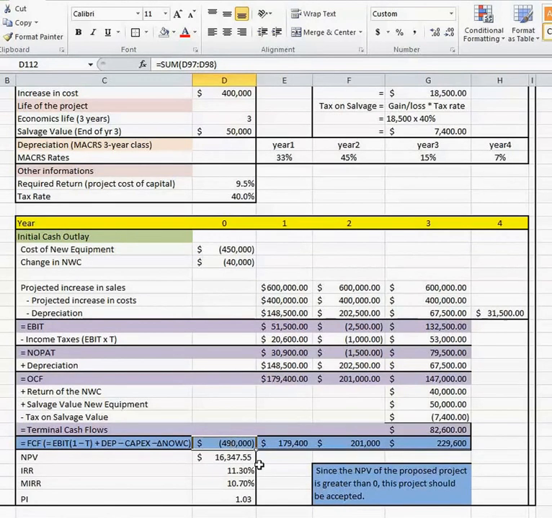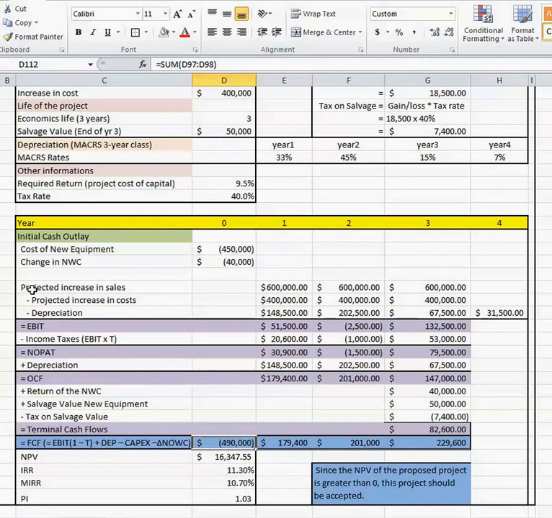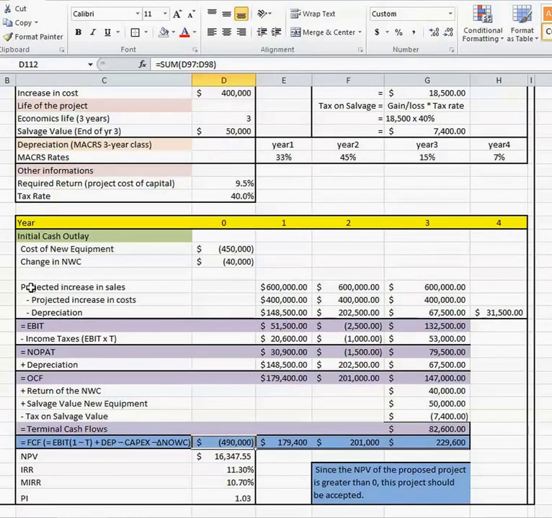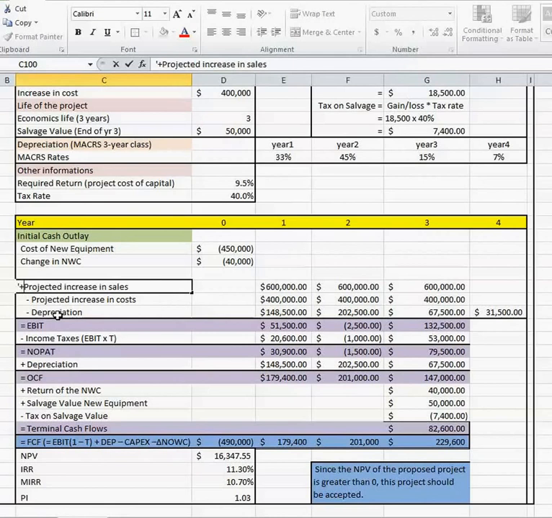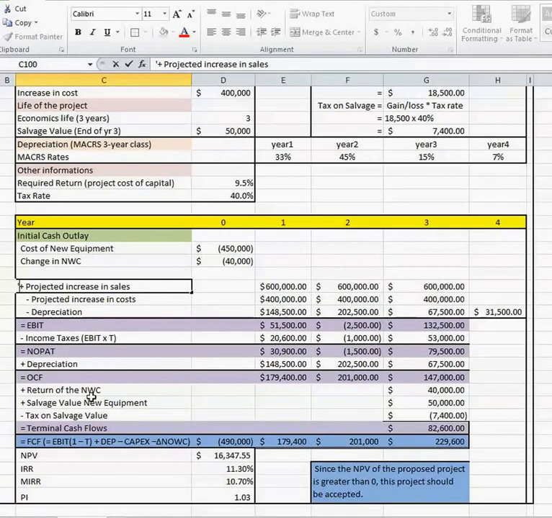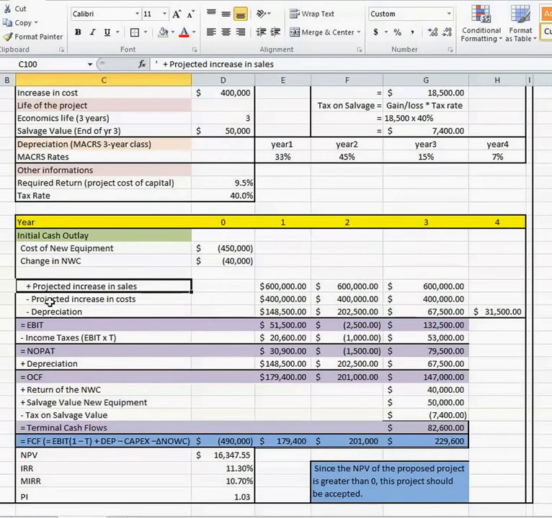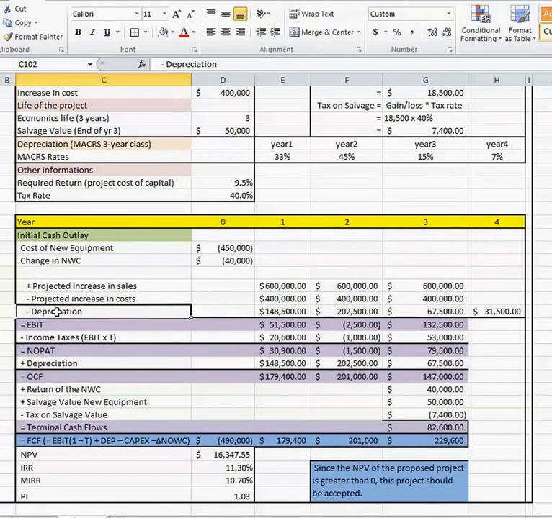Now let's talk about the revenue side. Basically I'm going to follow this one. Let me put this one because I think I missed that, so let me start this one with plus. Revenue is plus, cost is minus, depreciation is minus.